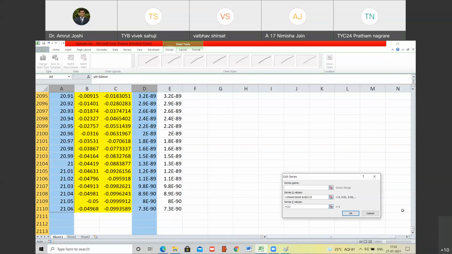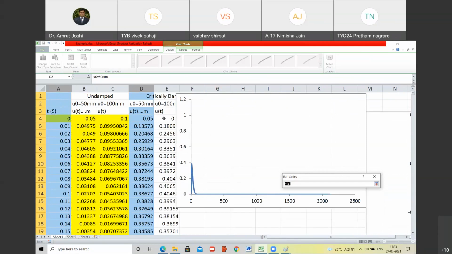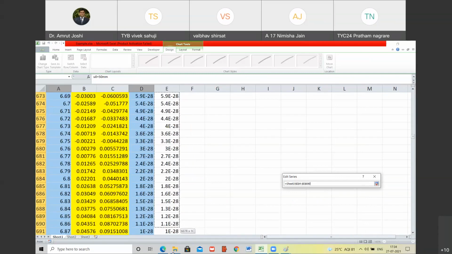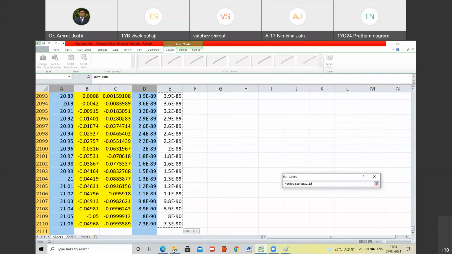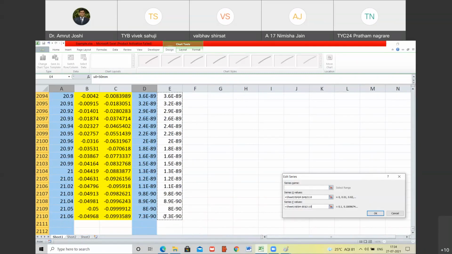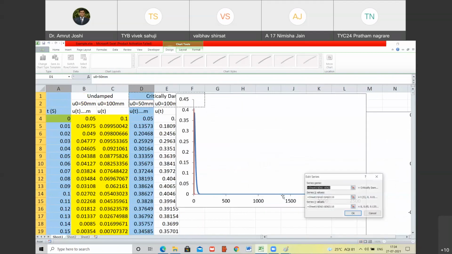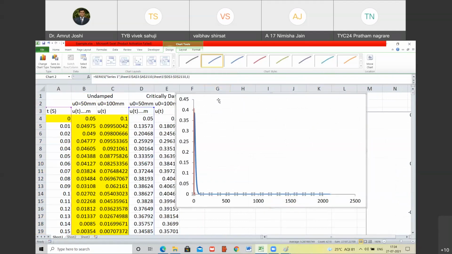Then I'm going to select this range. I will call it series 1, series 2.